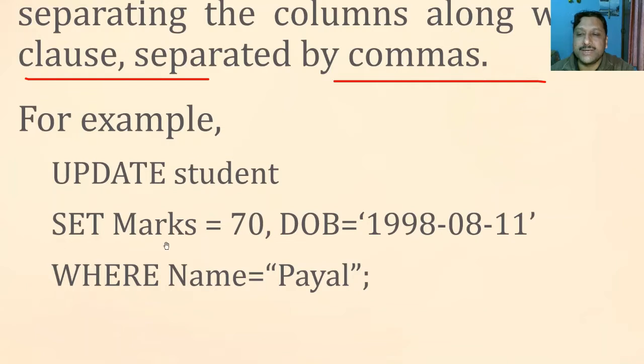Update student, set marks equals to 70 and also date of birth to this value. Two column names and two different values are given here, for the student whose name is Payal. Like this it will modify the data for student Payal with these values.